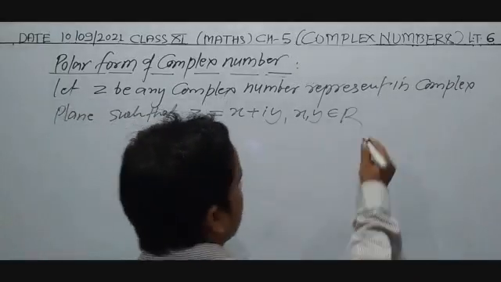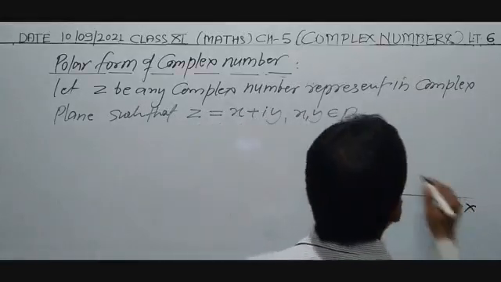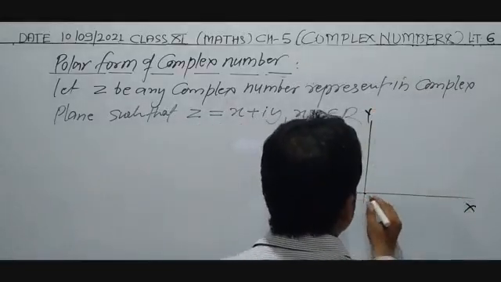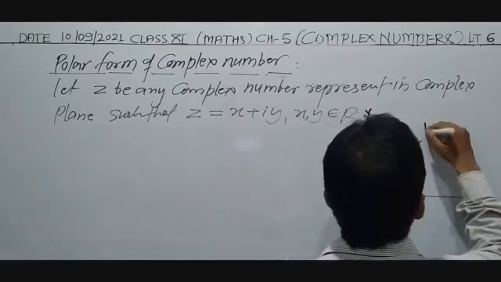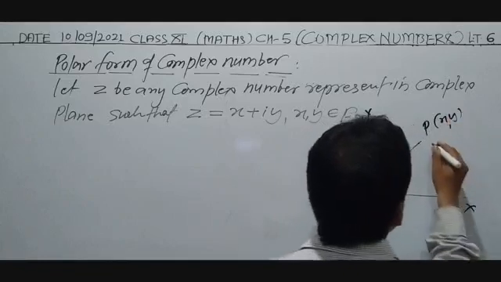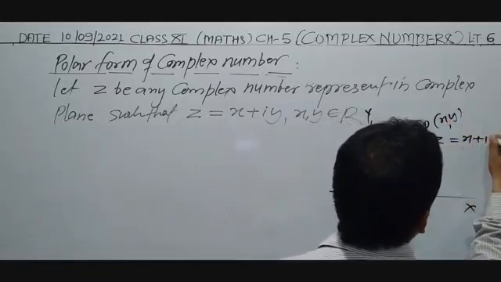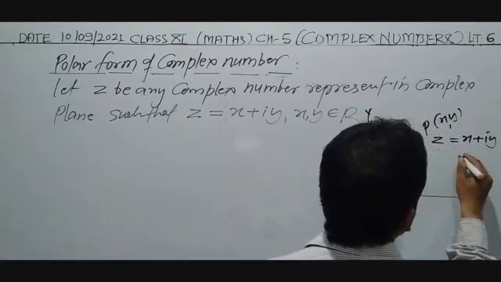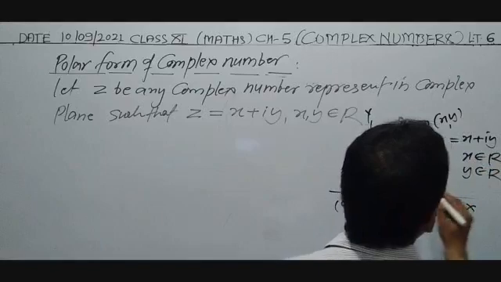Suppose this is any point P having coordinates x comma y in the complex plane. The complex number will be z is equal to x plus iy, such that x belongs to real and y belongs to real.